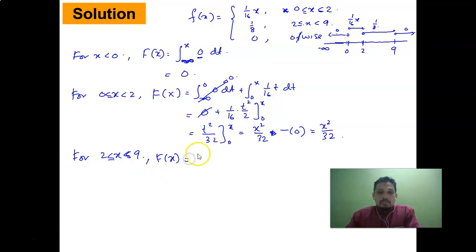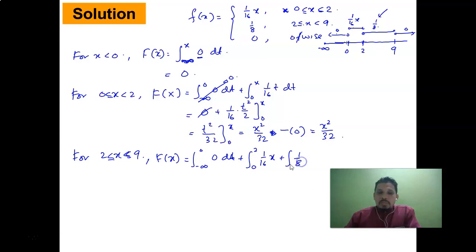So then F(x) equals the integral of the first domain from negative infinity until 0, where the function is 0 dt, plus the next from 0 until 2, where the function involved is 1 over 16 t, plus the next domain from 2 to any value of x which is less than 9, where the function involved is 1 over 8.